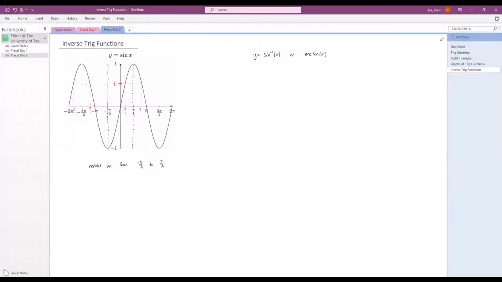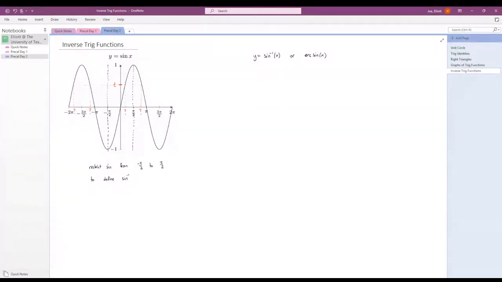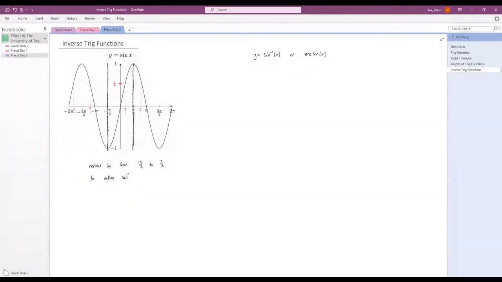And when we make this restriction on the sine function, we can then define the inverse function based off that restriction. So the idea is if we restrict our attention to just this strip, if you will, we ignore everything outside of that strip.